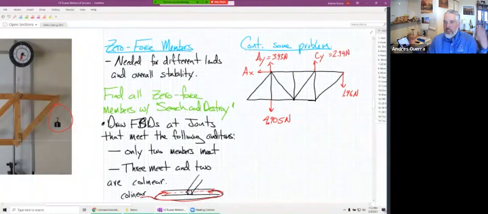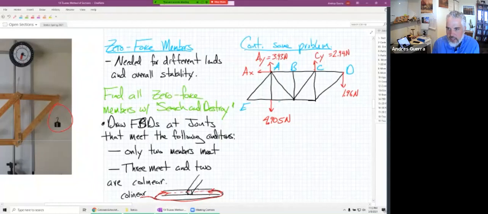So we've already solved for the FBD of the whole truss. We found all of our unknowns there for those support reactions. Let's also label our points. This was point A, point B, C, D, and then E, F, G, and H right there.